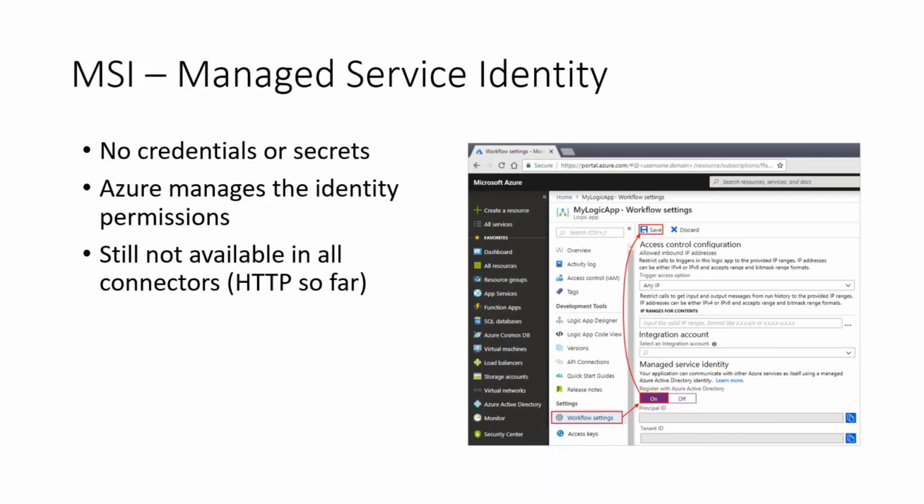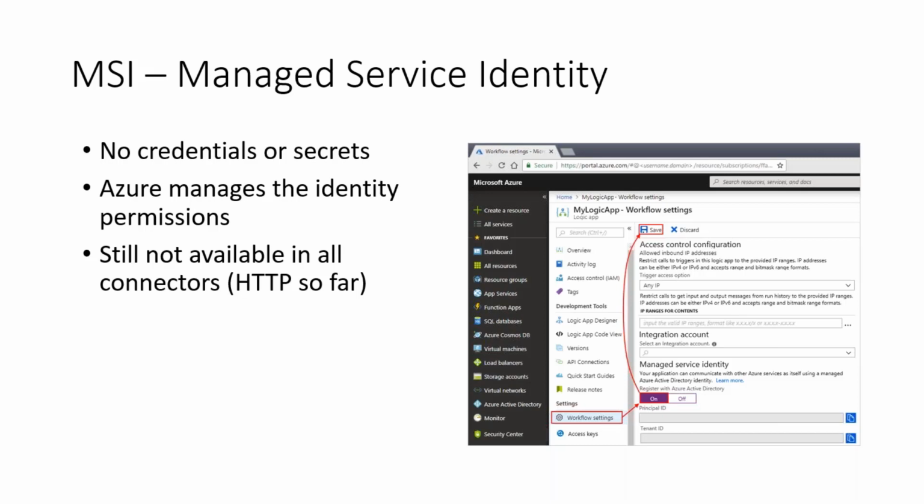If I want to consume, for example, Dynamics 365, I need to have an account for that and I need to ask permissions for that. If I want to consume, I don't know, Key Vault, Service Bus, all those things, I need to have some kind of account to connect to those services, right? With the Managed Service Identity, I'm going to do it the other way around, because I'm going to create an identity for the Logic Apps, and inside each one of those services, I'm going to say whether that Logic App can access these resources or not.